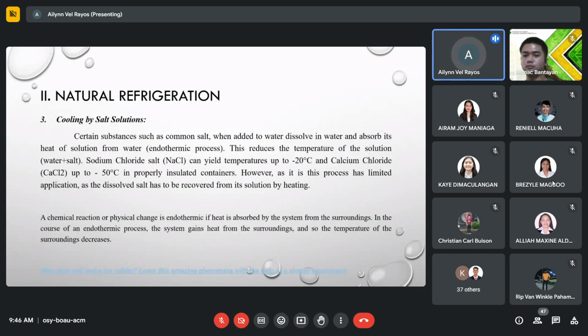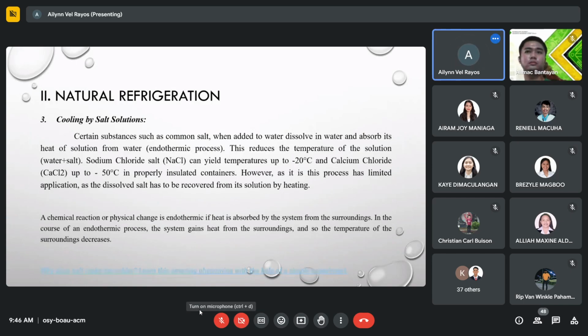Okay. So what do you think? Kanina, dun sa experiment nila, yung nalagyan ng salt solution, yung temperature ng mixture, which is yung salt and then the ice, gives much lesser compared dun sa walang salt solution. Lesser temperature, which becomes negative 12 degrees Celsius.